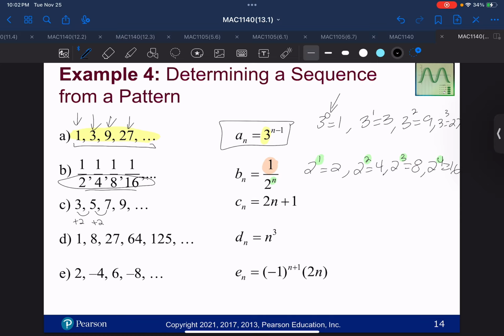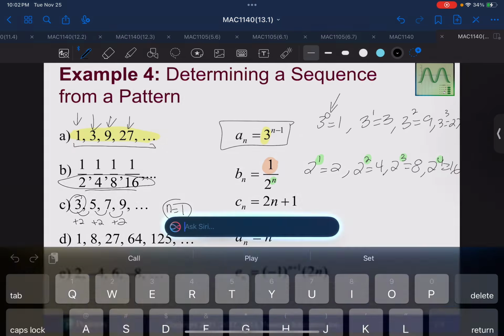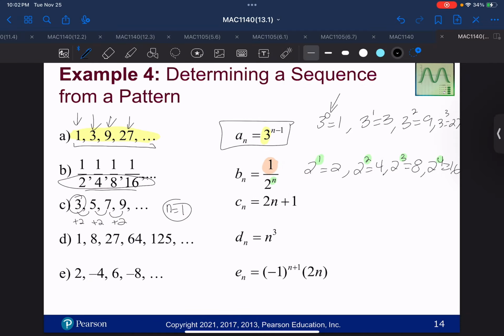And to get from 7 to 9, I have to add 2. But we have to think about the value of n. n always has to start at 1, and I need n within my formula. So if I have to use n equals 1 and I have to start at 3, then you kind of just have to play with it and see how I can get this to work out.